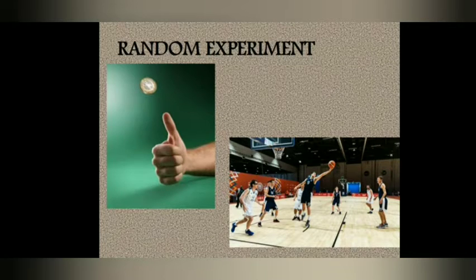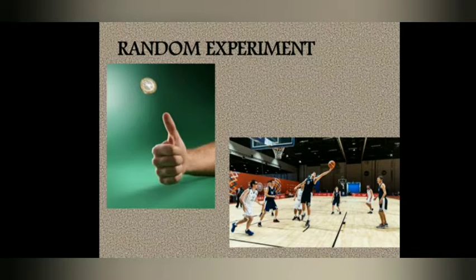Look at the figure, children. When we toss a coin, there are two possibilities: head may come or tail may come. Such results are called outcomes of an experiment. See another picture, the winning of a football match. The results are like this: one is winning, another is not winning.